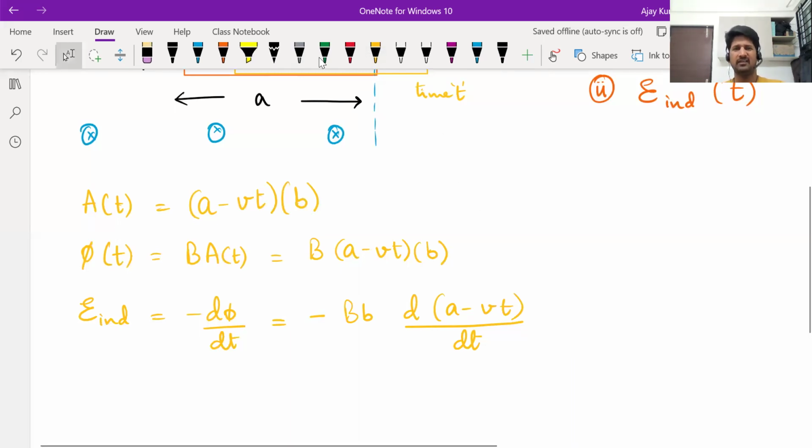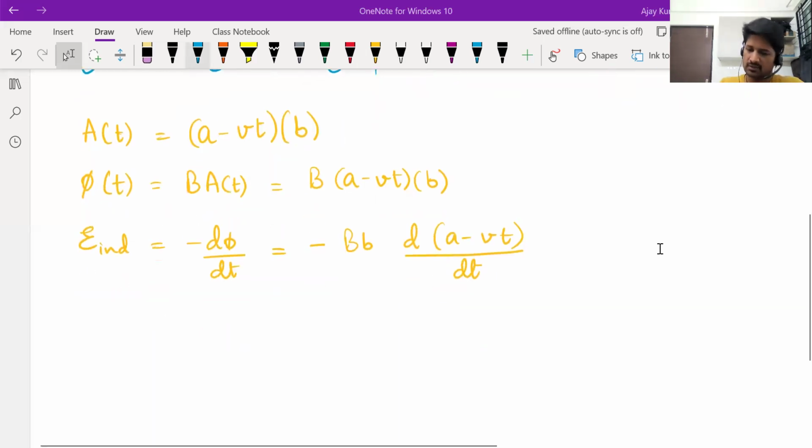What is the derivative of A, which is a constant? Derivative of a constant, why will it be 1? So 0, sir. Derivative of A is 0 and derivative of Vt with respect to time will be V itself, the constant.